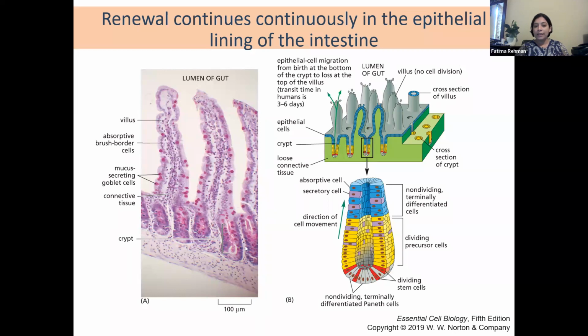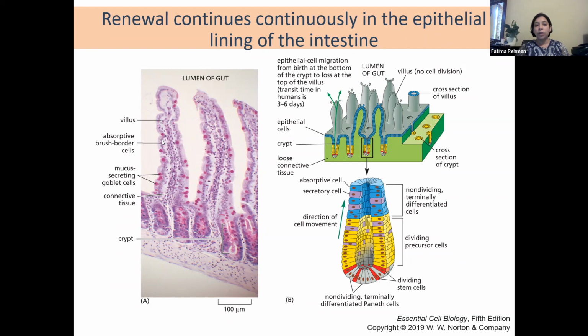As they divide, they move up this crypt, and they become more and more differentiated until they reach this microvilli state, where they are fully differentiated, non-dividing, terminally differentiated cells.